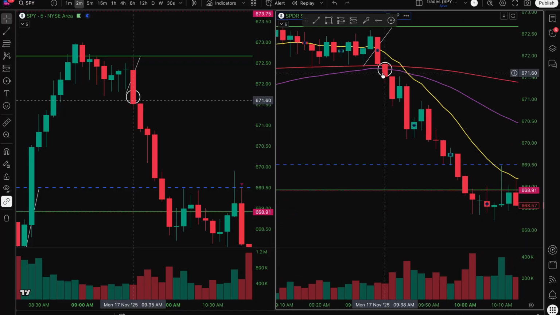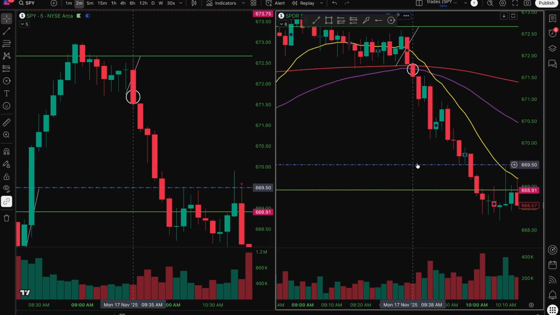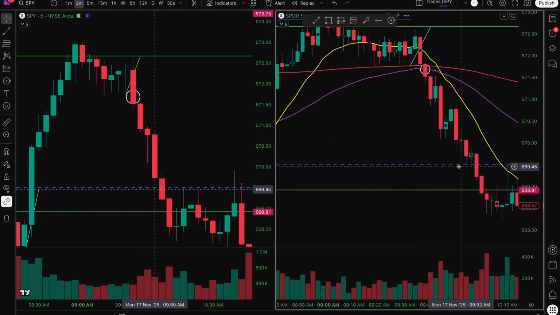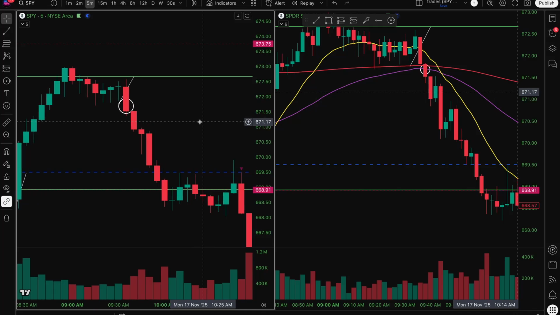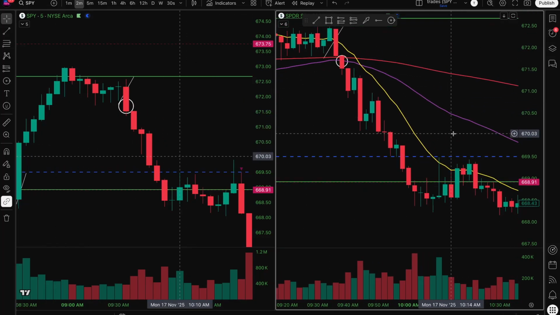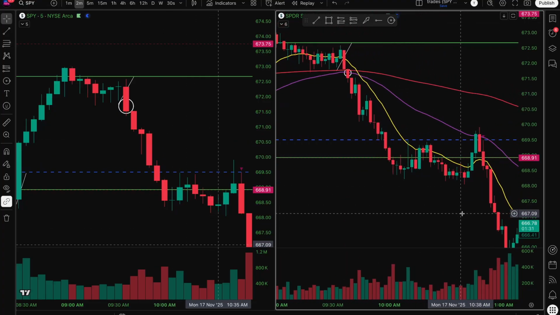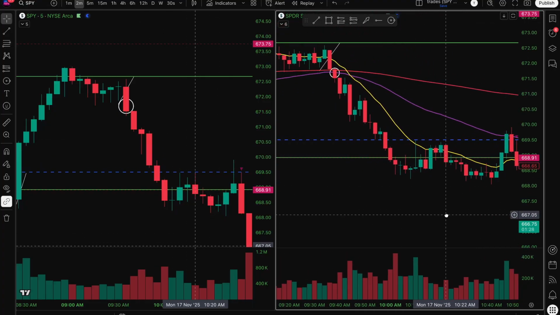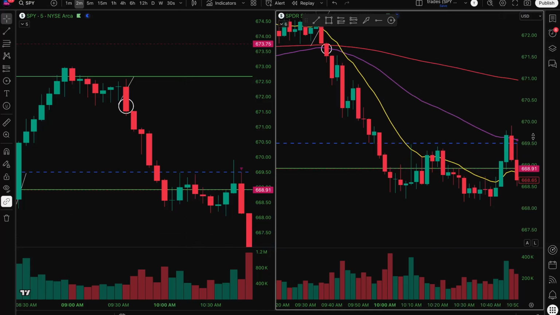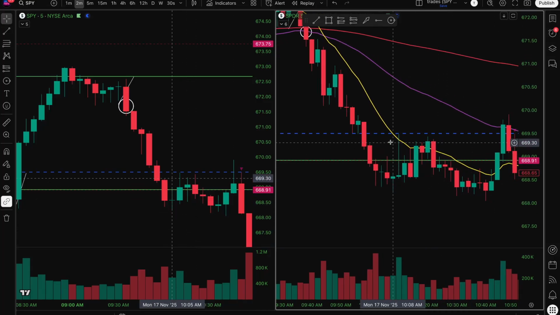From 671.60 all the way down to at least 669 would have been the first target. And from there, we break the pre-market. This wouldn't have paid off as much, but also could have been another possible entry.